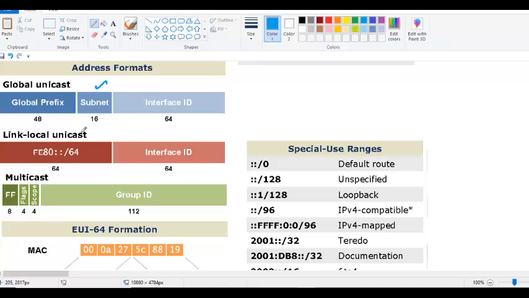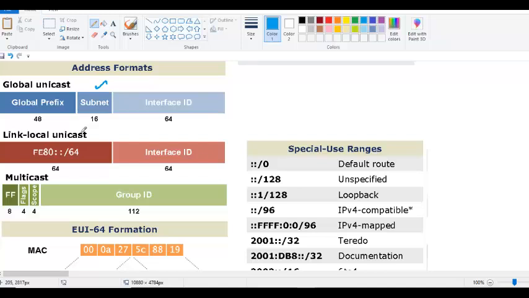I was telling you in the previous class, whichever was difficult in the previous version, the newer version has made it easy. Only then can it be called a newer version, isn't it? If it is the same complexity, complicated, then why call it a newer version? Subnetting is very easy here in IPv6.